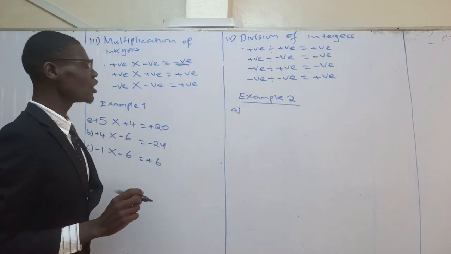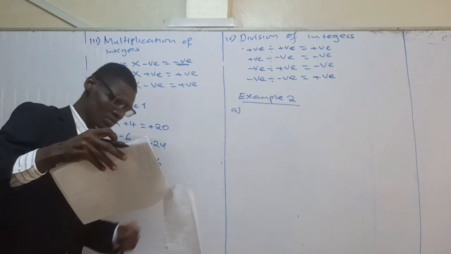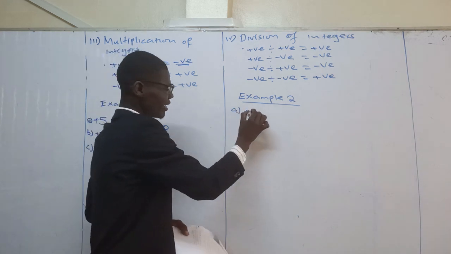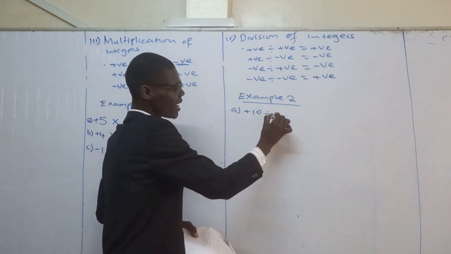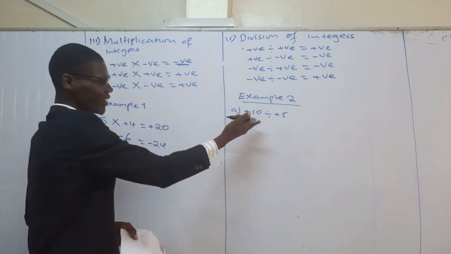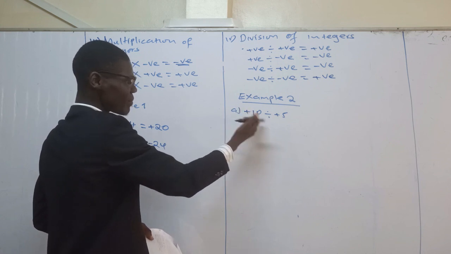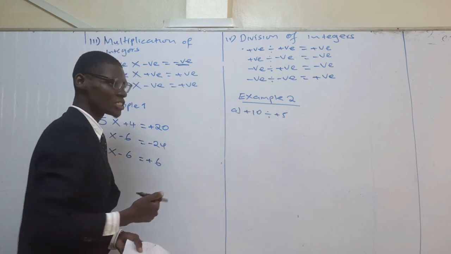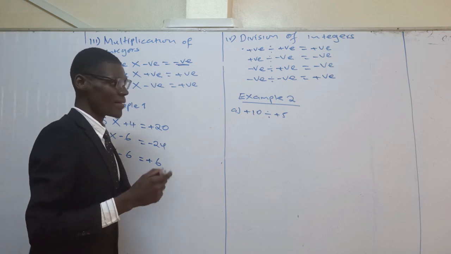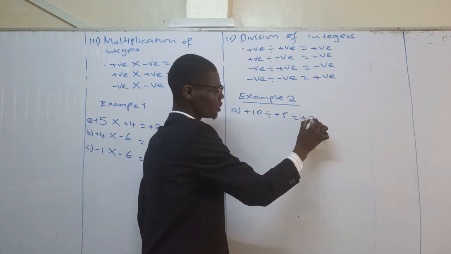For example, positive 10 divided by a positive 5. It means all my integers are positive, so my result must always be positive. That one I get positive 2.